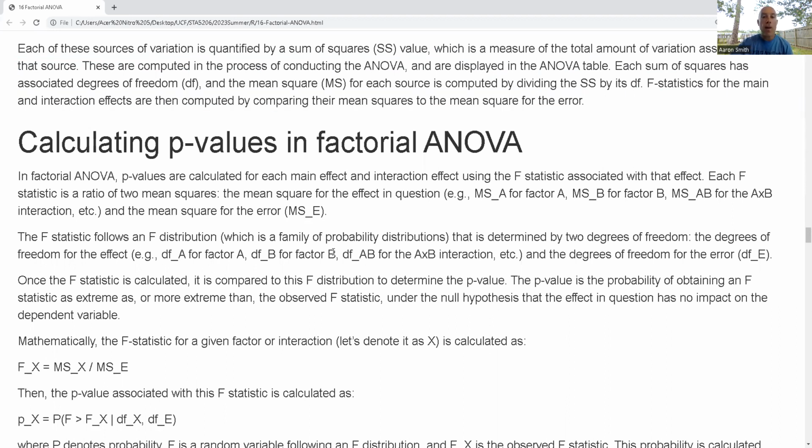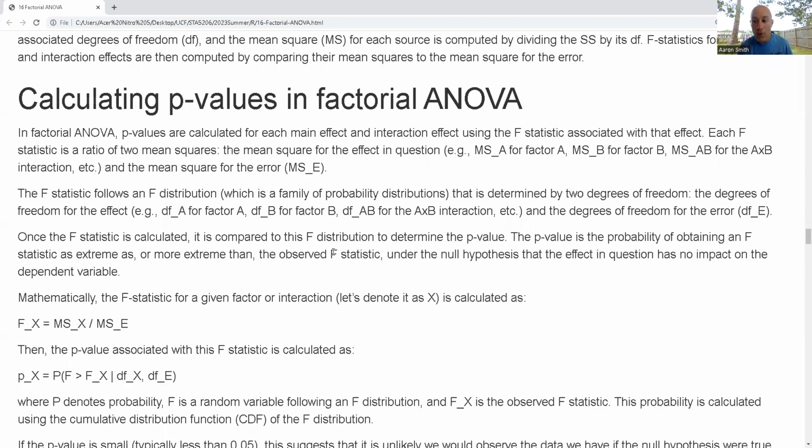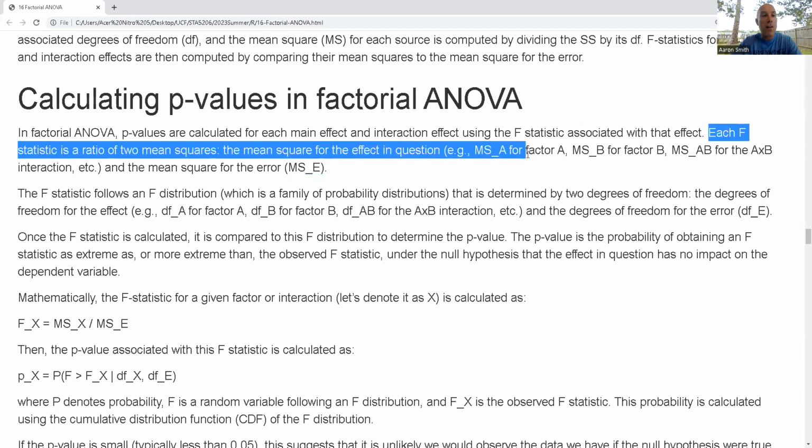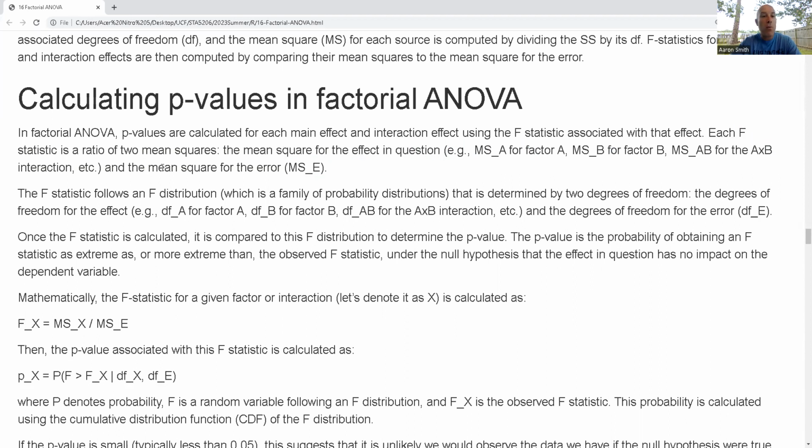All right, so now let's take a look at calculating the p-values in Factorial ANOVA. In Factorial ANOVA, p-values are calculated for the main effects and interaction effects using the F statistic associated with that row of the ANOVA table. Each F statistic is a ratio of the mean squares for the effect in question and the mean squares for the error.